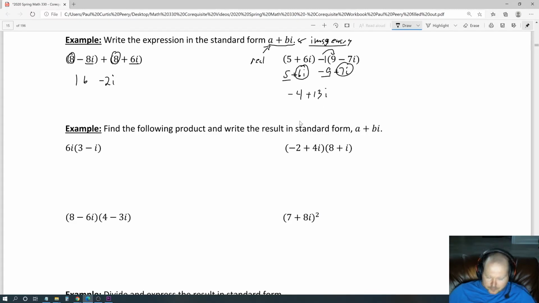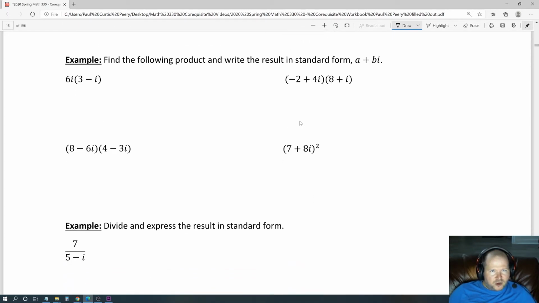And that's it. So find the following product and write the result in the standard form of a plus bi. So now we distribute it, and again, we just treat the i basically as a variable, except this one has an extra step at the end. So 6 times 3 is an 18. We keep the i. We say 6i times -i would be -6i squared.